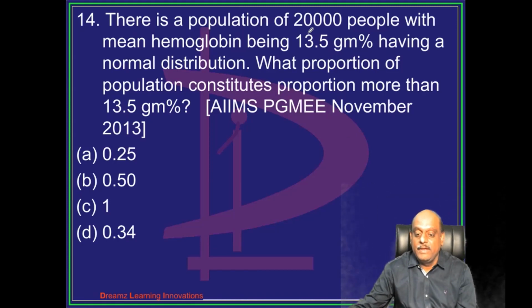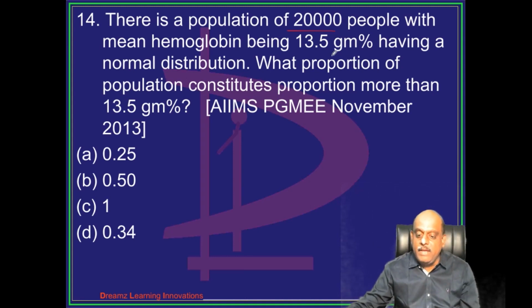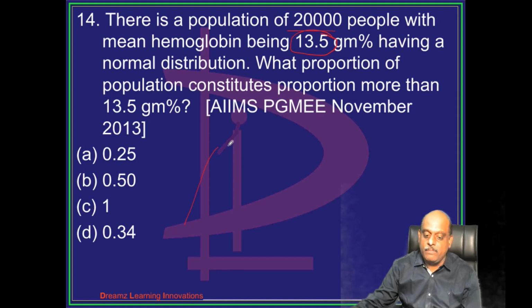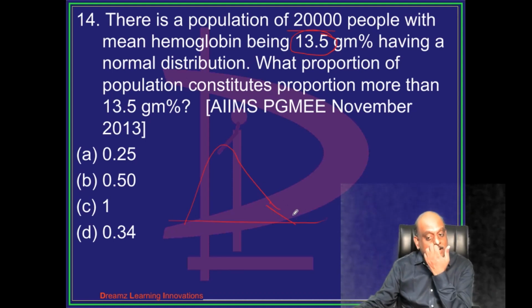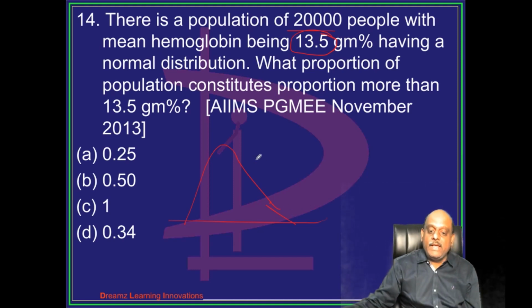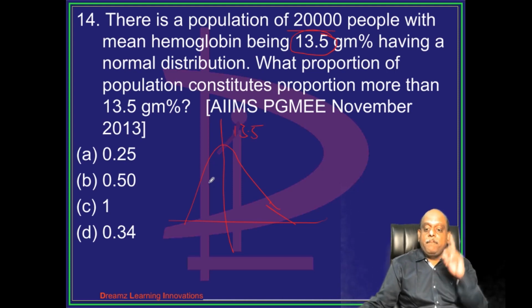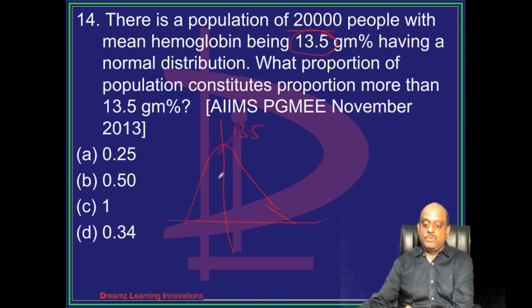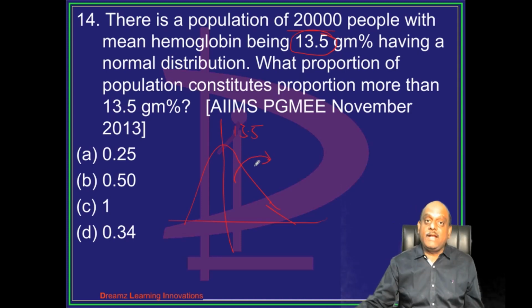Now, a population of 20,000 people, their mean hemoglobin value is 13.5. They have a normal distribution, bell-shaped normal distribution. Now the examiner is saying the mean value कितना है? 13.5. What proportion of the population constitutes more than 13.5?